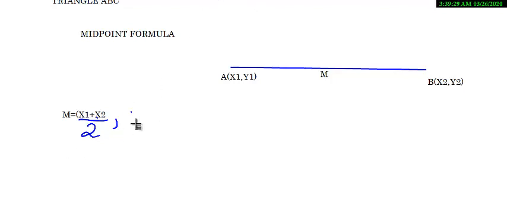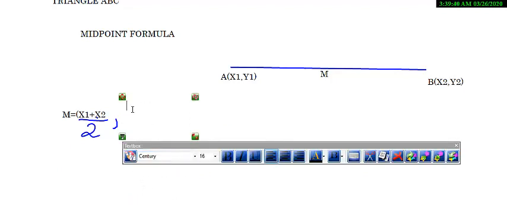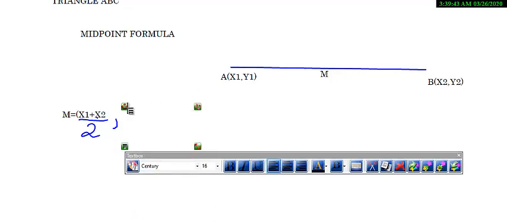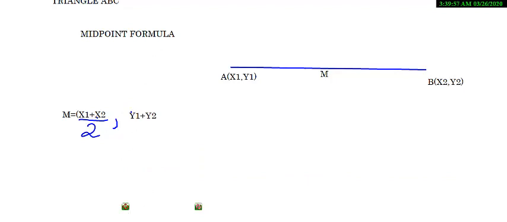y1 plus y2, this will be as well divided by 2, and this will cover the midpoint of the segment AB, the midpoint coordinates of the segment AB.